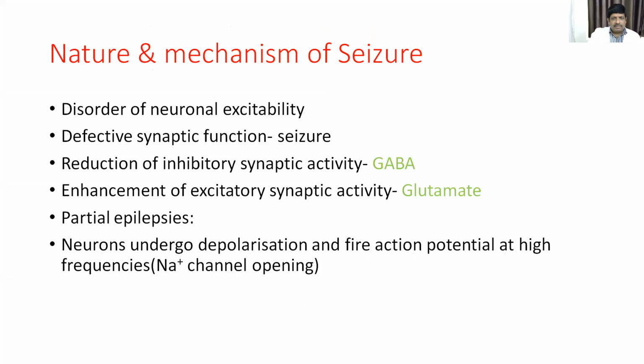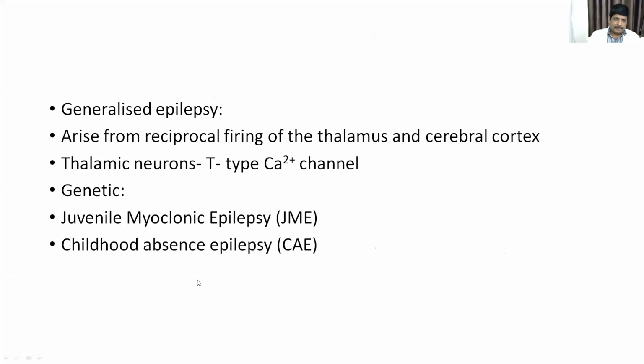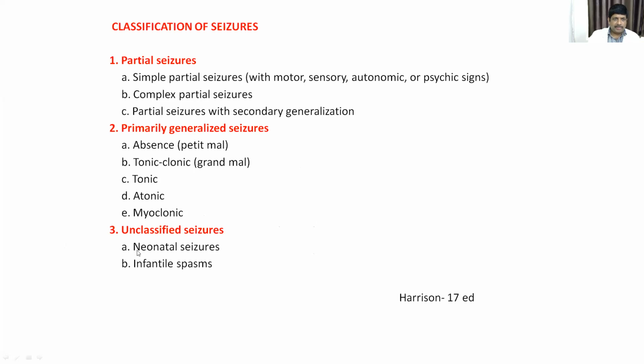It can happen through many ways: the reduction of inhibitory synaptic activity, that is GABA mediated activity, or enhancement of glutamate mediated activity. Neuron may undergo depolarization and there may be an effect in the sodium channel opening. There can be genetic causes, like juvenile myoclonic epilepsy or childhood absence epilepsy.